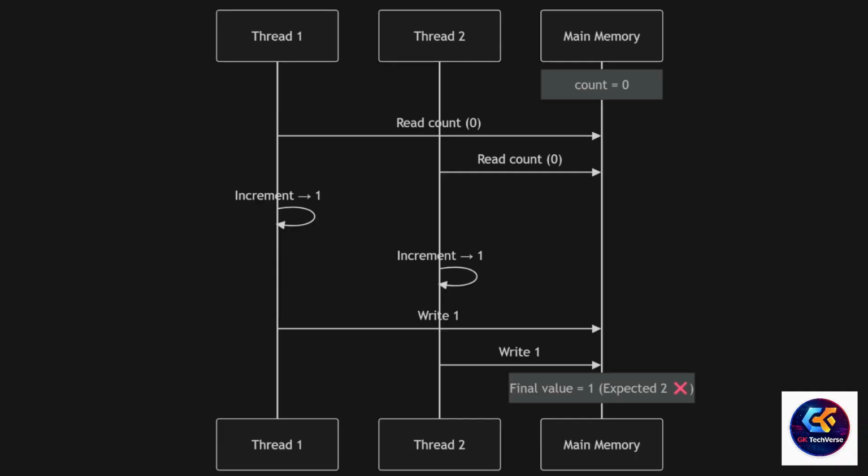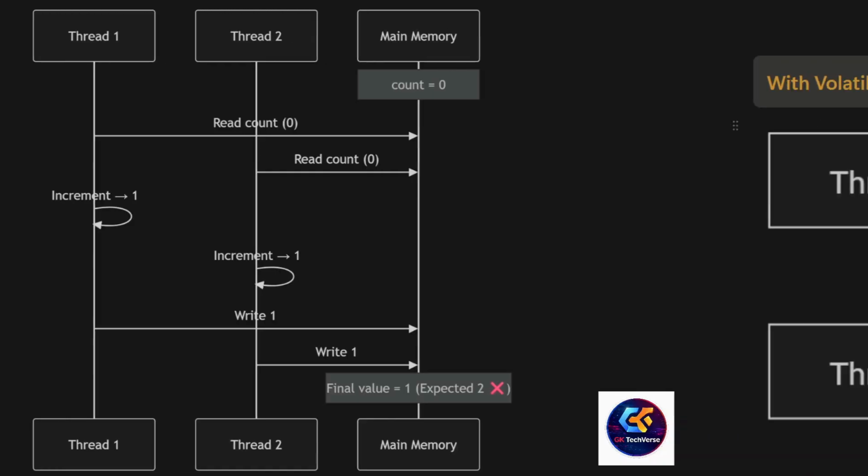They are reading from their local cache, right? Another one is atomicity: is the operation indivisible? Two threads are doing the operation at the same time, there is a race condition, and there is a data inconsistency issue, right? We'll see how volatile solves this problem.